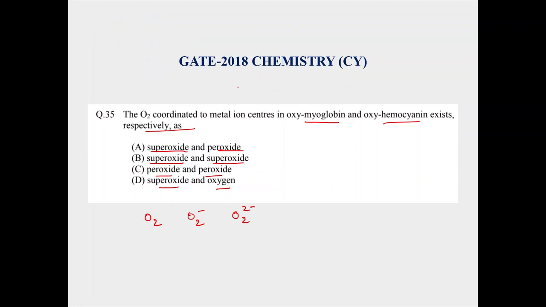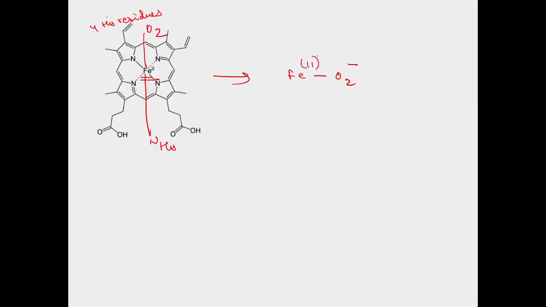So for oxymyoglobin, this oxygen O2 is coordinated as O2 minus. This Fe-O2 is coordinated in a bent fashion, and it is Fe3+ O2 minus.